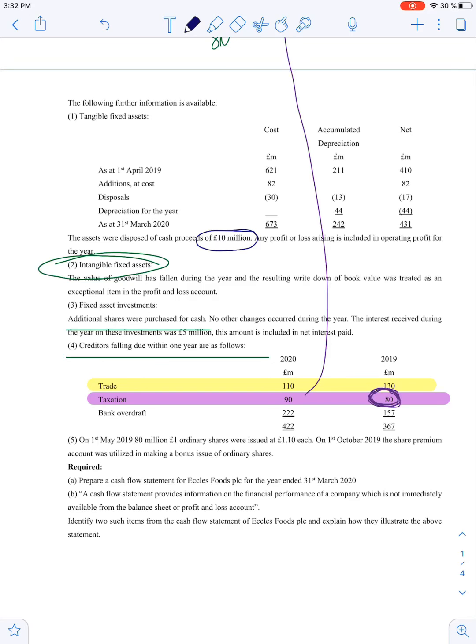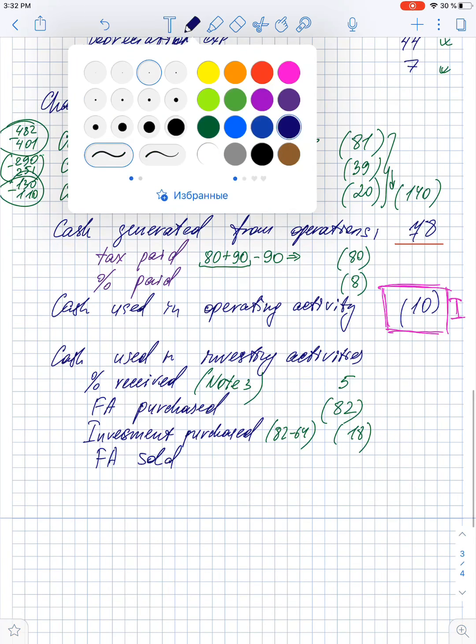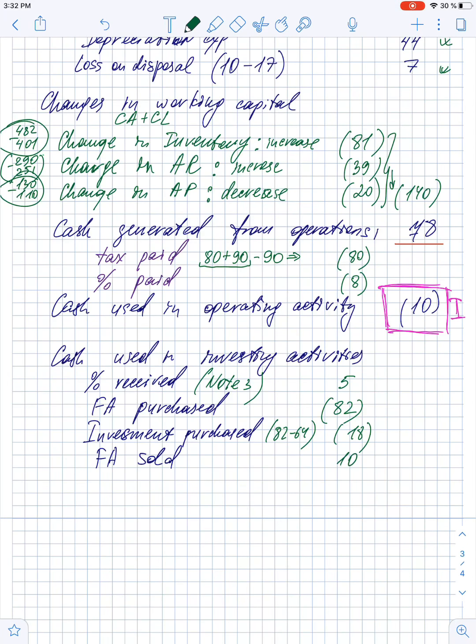And now we have to account for cash proceeds. 10 million pounds were received in respect of that sold fixed asset, and that 10 should be added as cash inflow for the purposes of cash flow compilation, because it wasn't added anywhere in the income statement. Only the loss on disposal was accounted for, and we have adjusted for that right now.